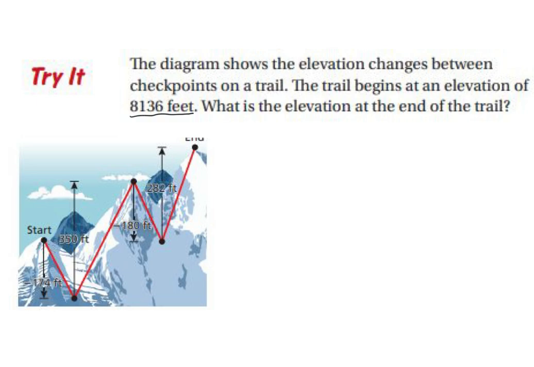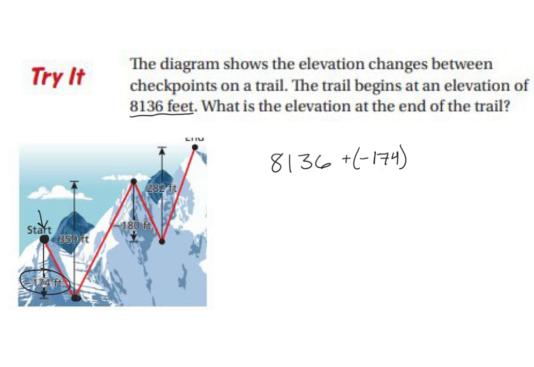All right. So if we start at 8,136 feet, that'll be right here. It says we go down to here, so we go down 174 feet. So we're going to add minus 174.